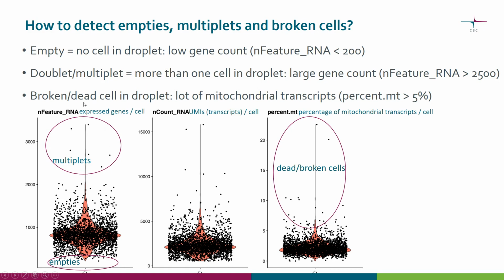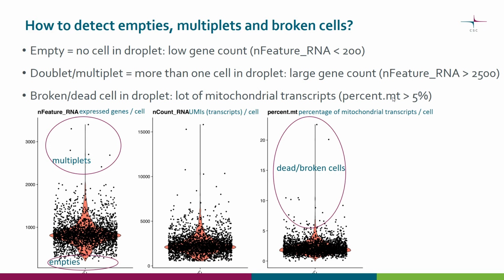Now, it could be that we have one cell in a droplet like we should, but then that cell is broken or dead. The way to recognize that situation is to look at the percentage of mitochondrial transcripts. So how big a percentage of all the transcripts in a cell are actually mitochondrial? And why is this related to the happiness of the cell?